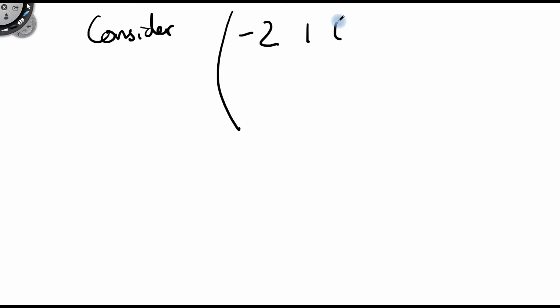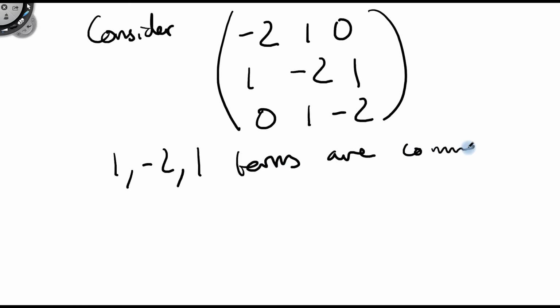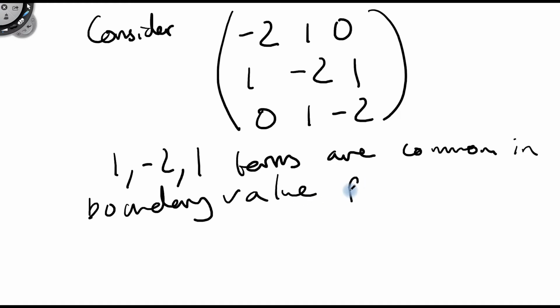Now the classic case of this is this matrix here. The 1, -2, 1 terms are common in boundary value problems. See the ODE section of this module.